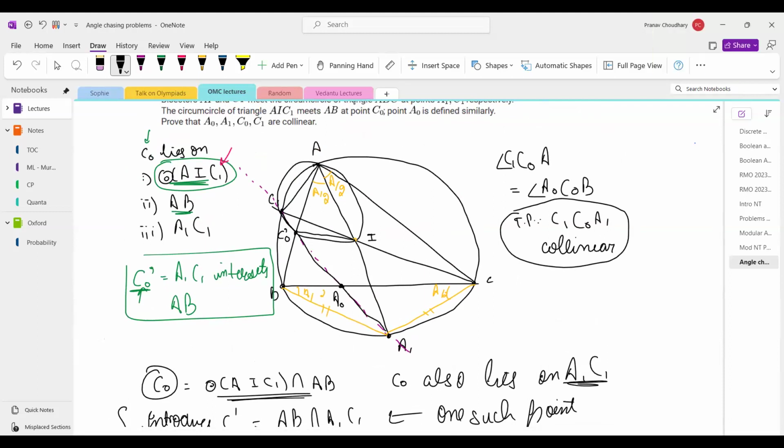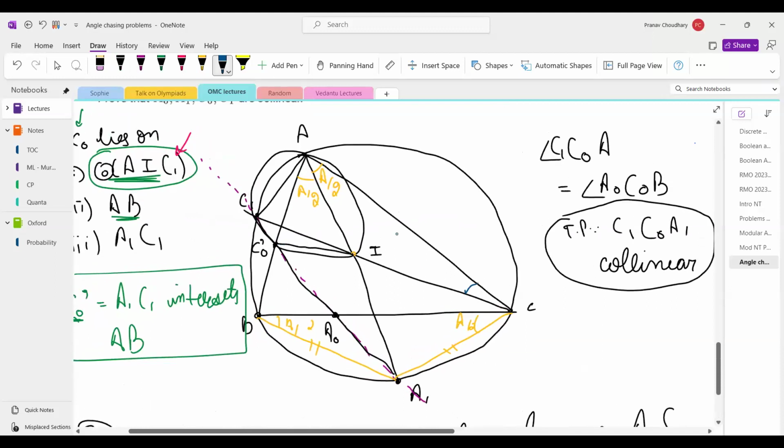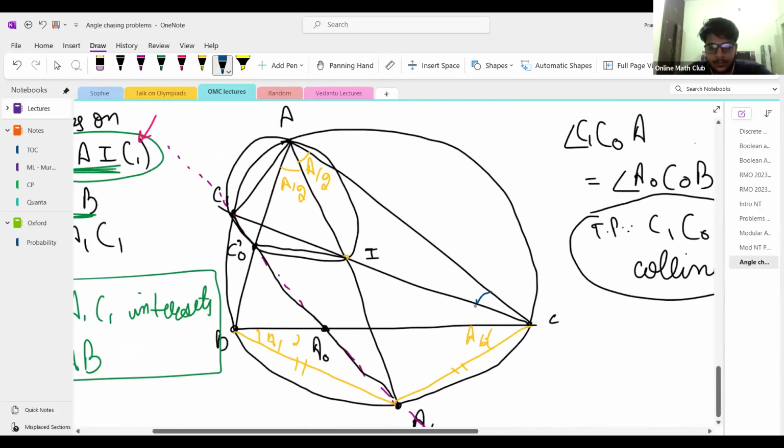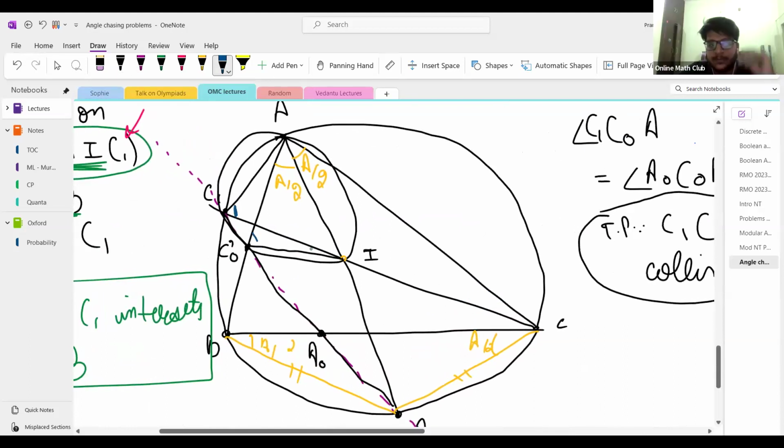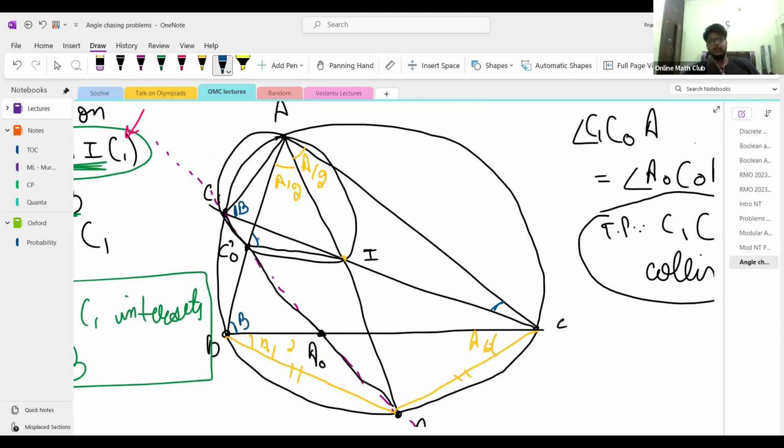Actually we have to prove that angle AC1I is equal to angle AC0 dash I. And angle AC1C is angle ABC, so basically you have to prove that this angle is B, that C0 I and BC are parallel. Yes, we have to prove that.